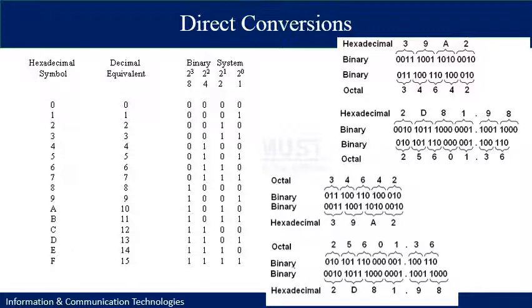That means every hexadecimal or decimal equivalent digit has a binary representation in 4-digit format. As you can see, 0 is represented by 4 digits, all 0, and 15 is represented by 4 digits, all 1, and so on.